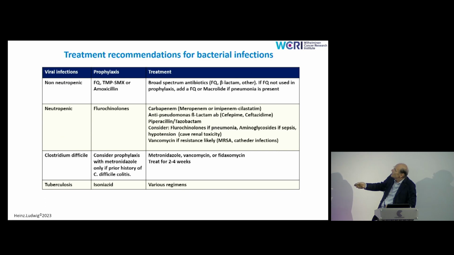You may add fluoroquinolones if pneumonia is there, and vancomycin is reserved for very special cases because we are well aware of the renal toxicity, but in candida infections or with MRSA, it is still a very good drug. And of course, there's something which we call Sivoxid, which would be an alternative. For Clostridium, we now have fidaxomicin in addition to these traditional drugs and so on.